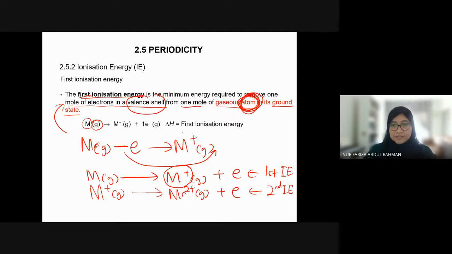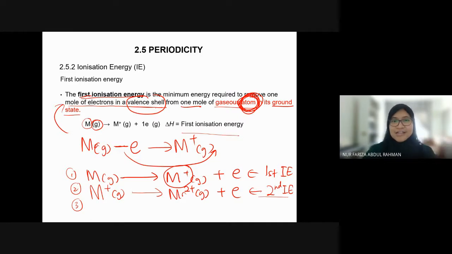Okay, so this is first ionization energy, this is second ionization energy, this is first, this is second. And how about third ionization energy? Sama. So what can we conclude from this? Okay, that ionization need to be done stepwise. Dia adalah step by step punya proses. You tak boleh combine. Okay, katakanlah soalan suruh you write the chemical equation for the third ionization energy.